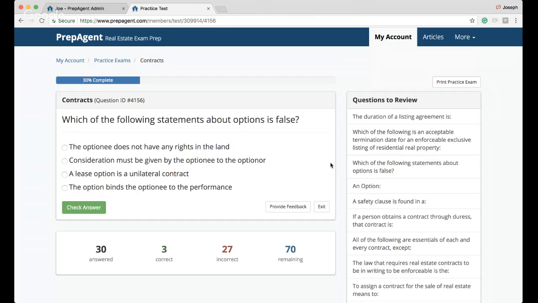Which of the following statements about options is false? The optionee does not have any rights in the land. Consideration must be given by the optionee to the optionor. A lease option is a unilateral contract. The option binds the optionee to the performance.